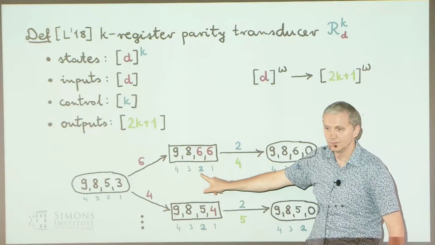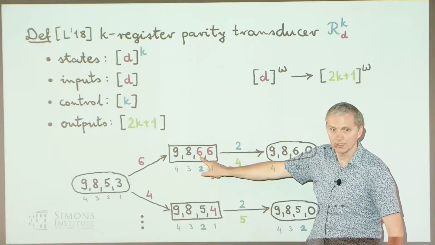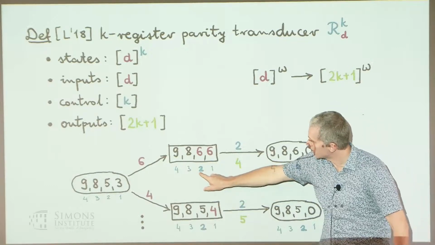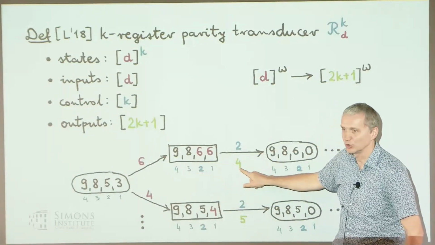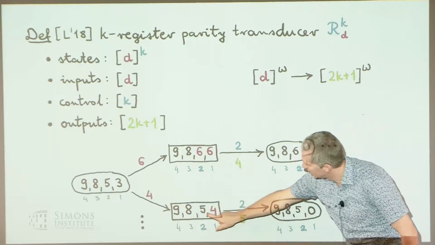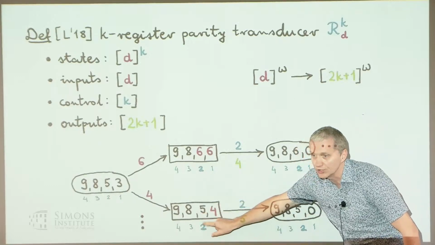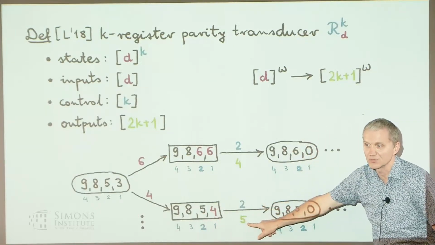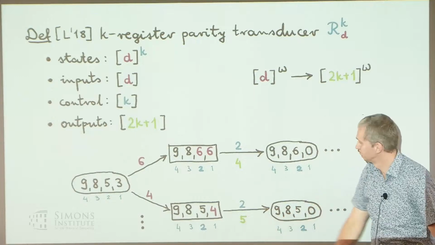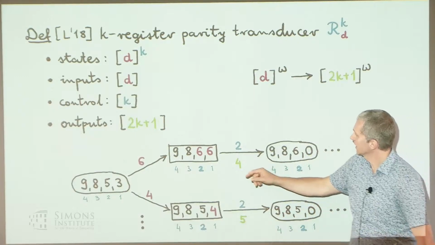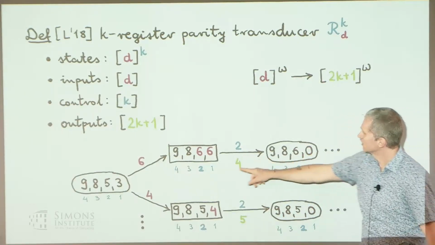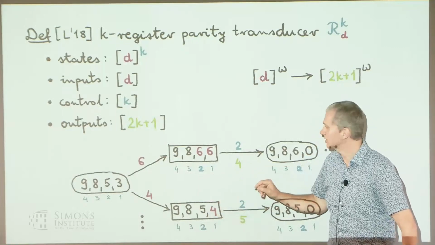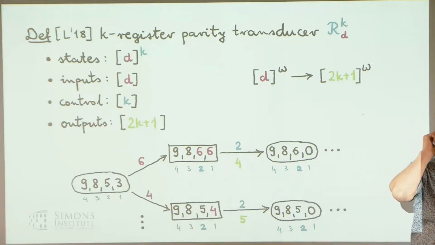If the entry there is even, it outputs 2 times the number of the register as a priority: 4. If the priority in the second register was odd, then it would be 2 times the number of the register plus 1, so 2 times 2 plus 1 is 5. And then the registers below the register we used to output this new priority are reset down to 0. That's the construction.